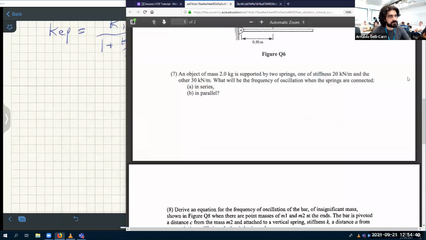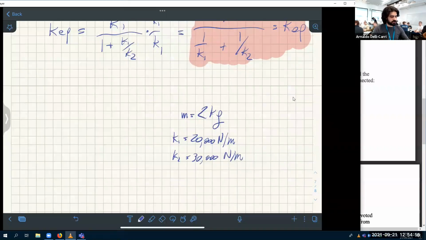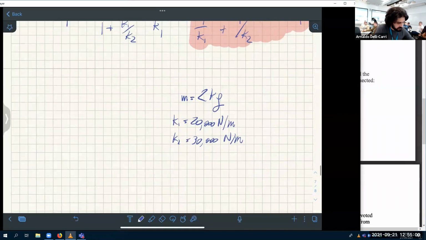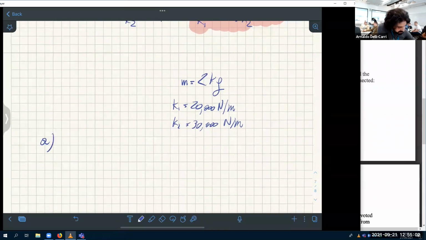K1 is 20,000 newtons per meter. K2 is 30,000 newtons per meter. And that's it. So the first one is in series. So K equivalent is 1 over K1 plus 1 over K2.